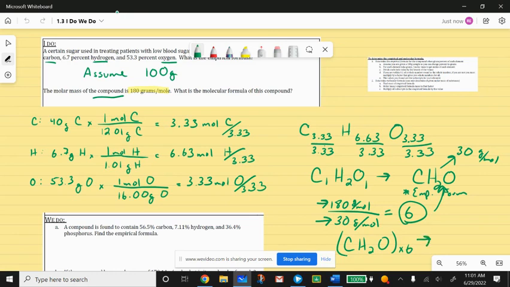So our molecular formula ends up being C6H12O6. And this is our molecular formula. Talk about using the whole page. There we go. And that's it.